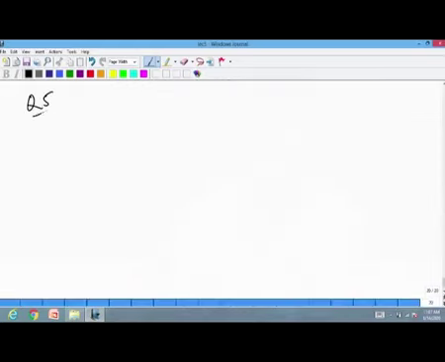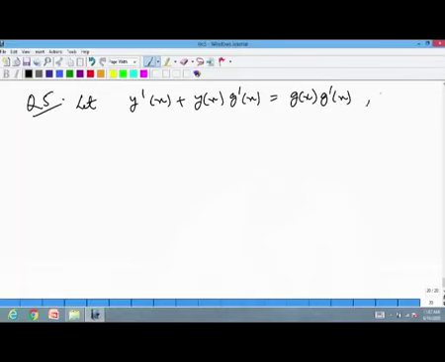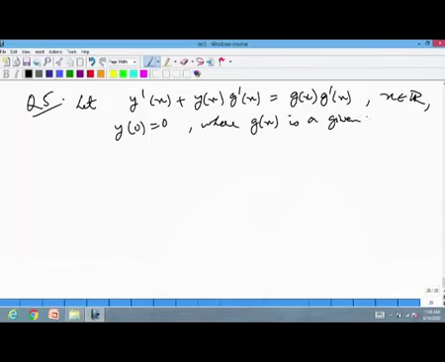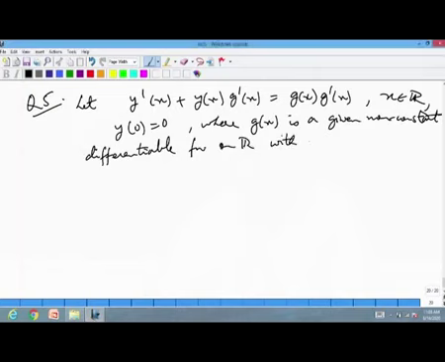Let us do question number 5. Let y prime x plus y x times g prime x is equal to g x times g prime x for x in R, and y 0 is equal to 0, where g x is a given non constant differentiable function on R with g 0 equal to g of 2 equal to 0.